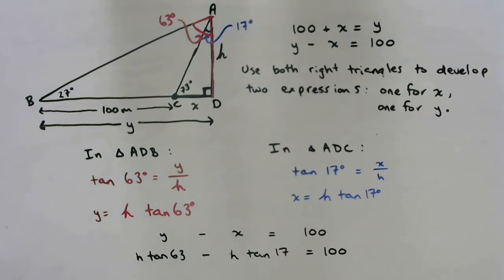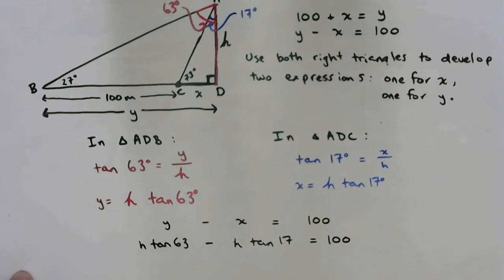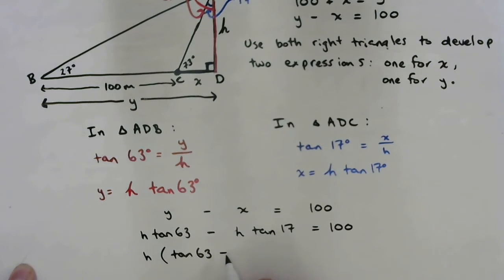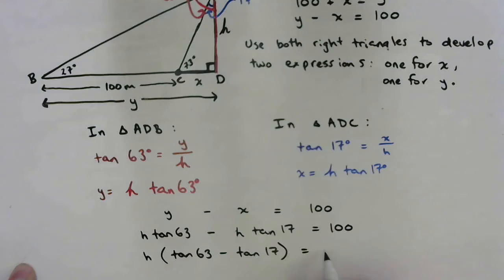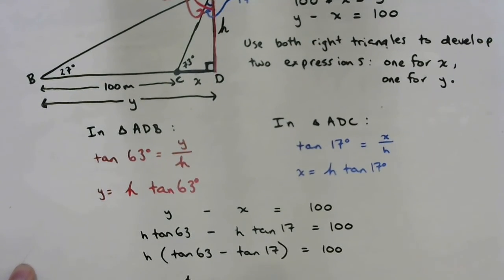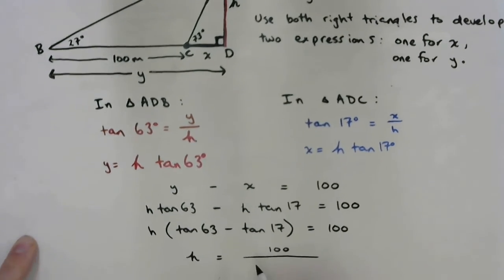Following the exact same steps as last example, what do I do next? Factor out the h on the left-hand side. That will leave me with the tan of 63 minus the tan of 17. Last step. Divide both sides by the tan of 63 minus the tan of 17. Yep, divide both sides by this group here.